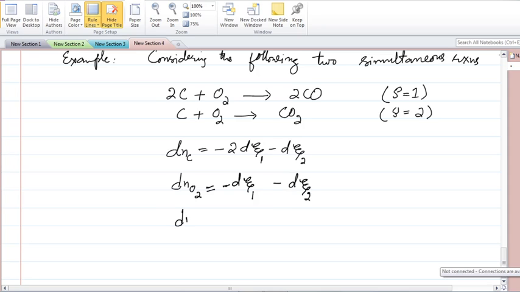Now for the change in number of carbon monoxide molecules, it is on the product side, so it will be plus, and the coefficient is simply 2, so we will write plus 2 d zeta 1. And similarly we can write dn of carbon dioxide as d zeta 2, since the coefficient is 1, it will be plus 1 d zeta 2. So this way these reactions are applied.